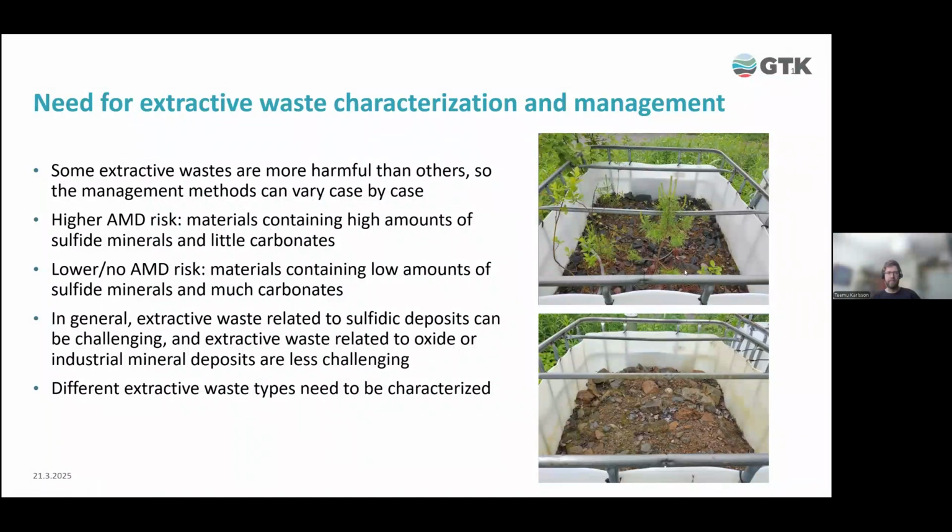In general, extractive waste coming from a sulfide deposit has more risk compared to, for example, oxide deposits or some industrial mineral deposits. And all different kinds of extractive wastes need to be characterized.